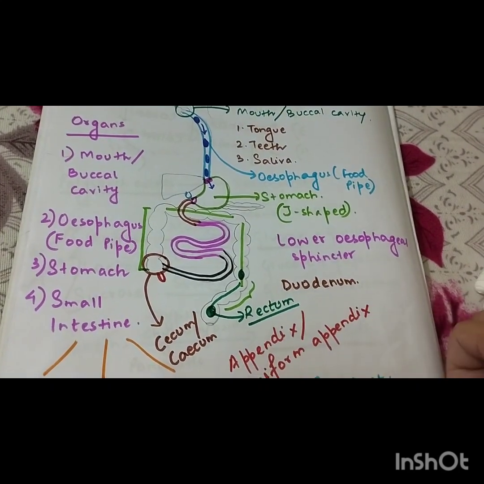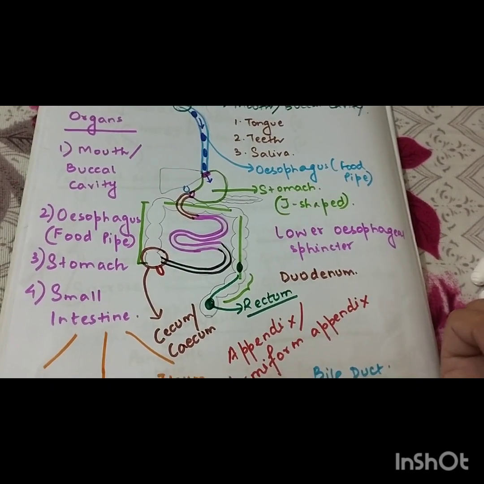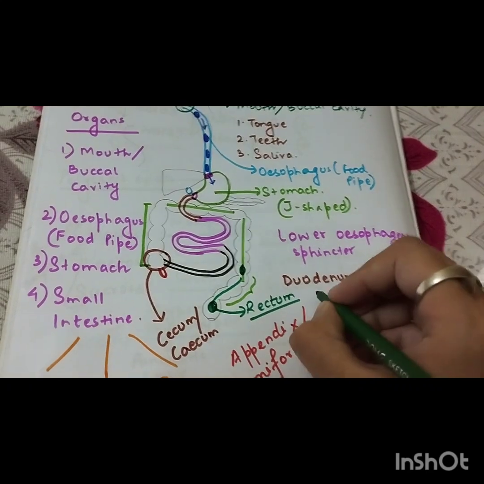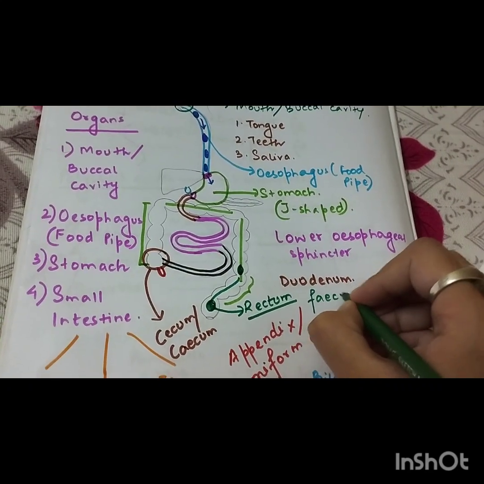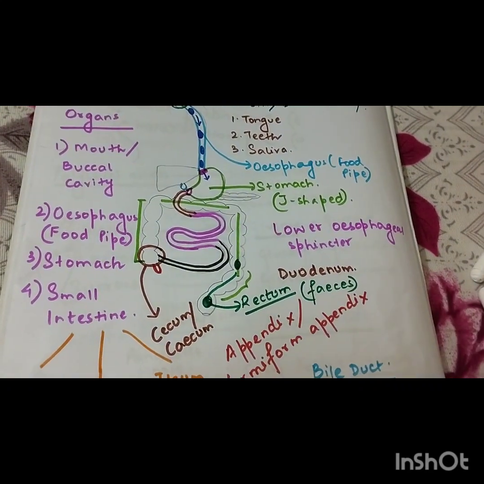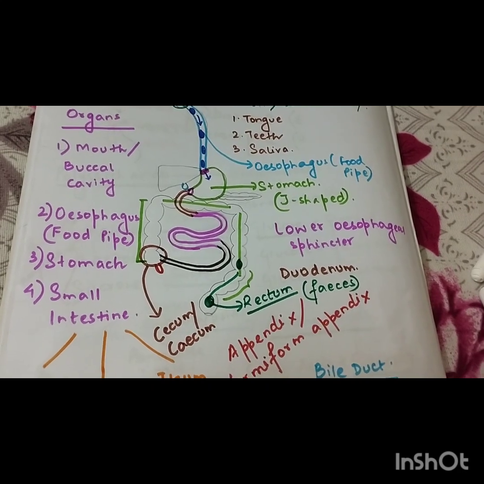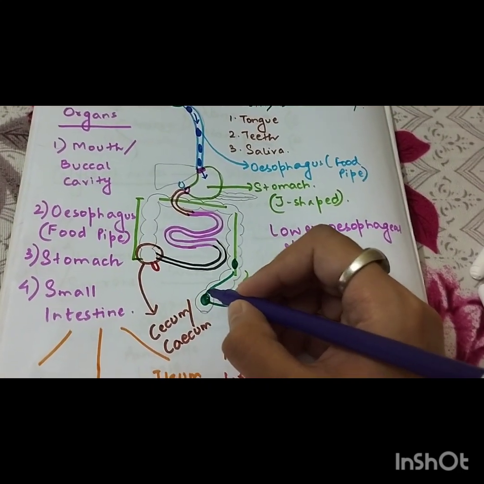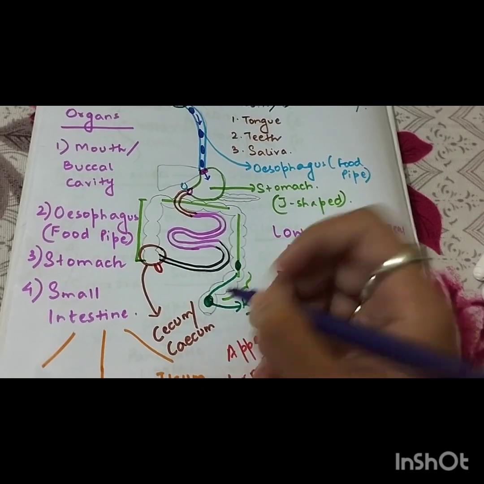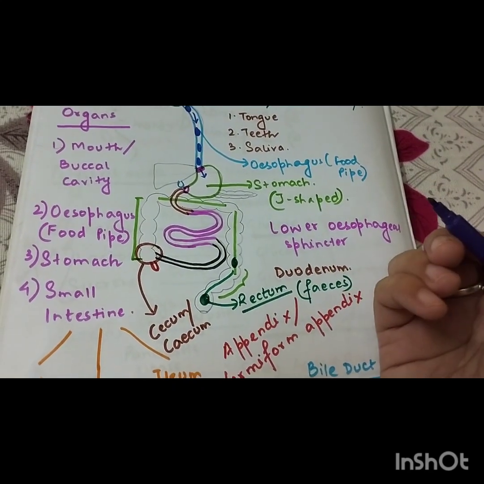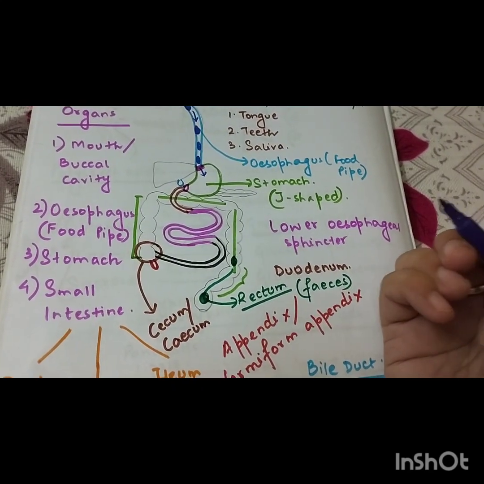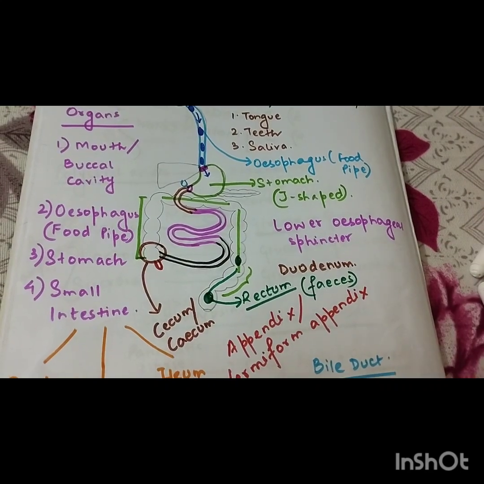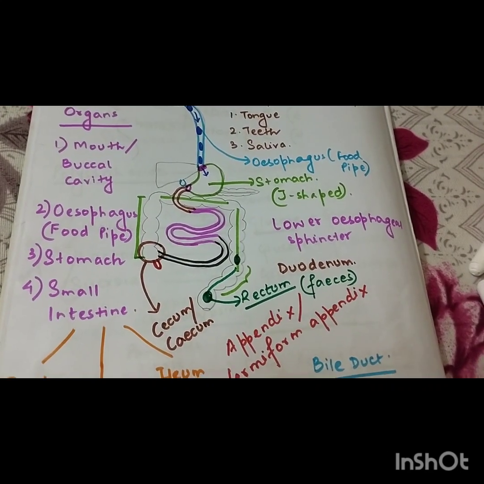So the rectum acts as the storage organ for fecal matter, or feces, that is stool. When pressure is created inside the rectum due to accumulation of stool, and our brain sends us the stimulus that pressure has been created, we should throw out the fecal matter from the body.